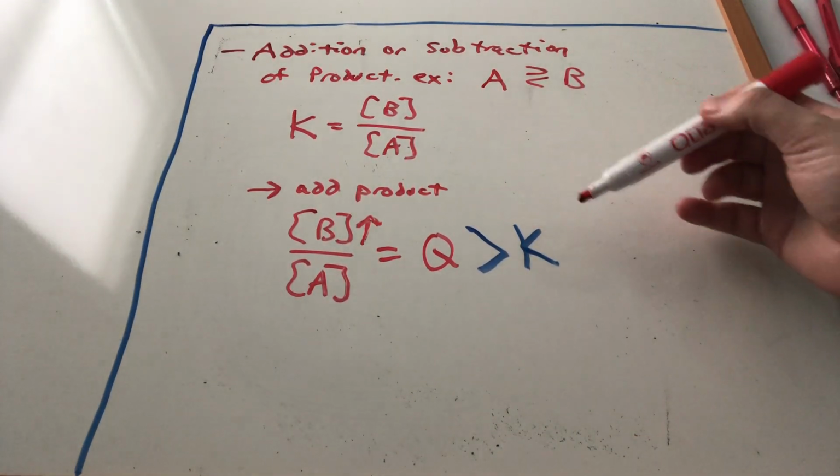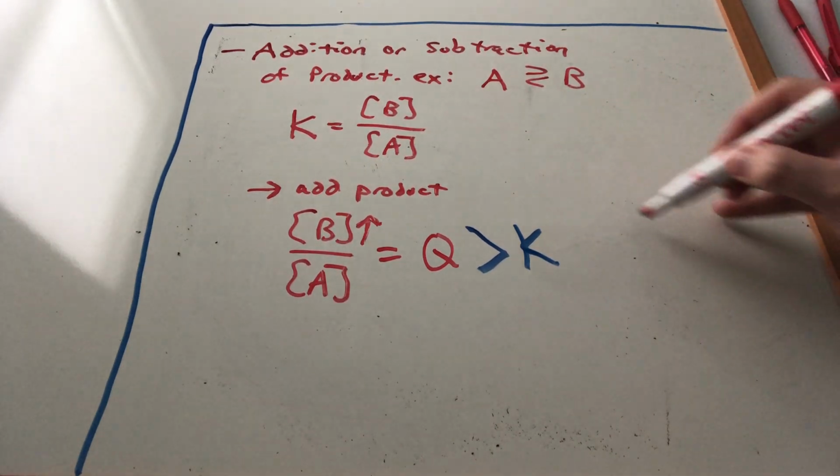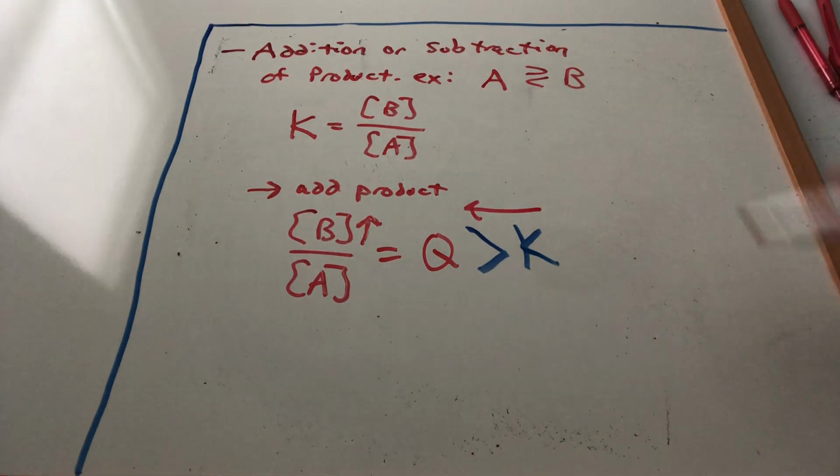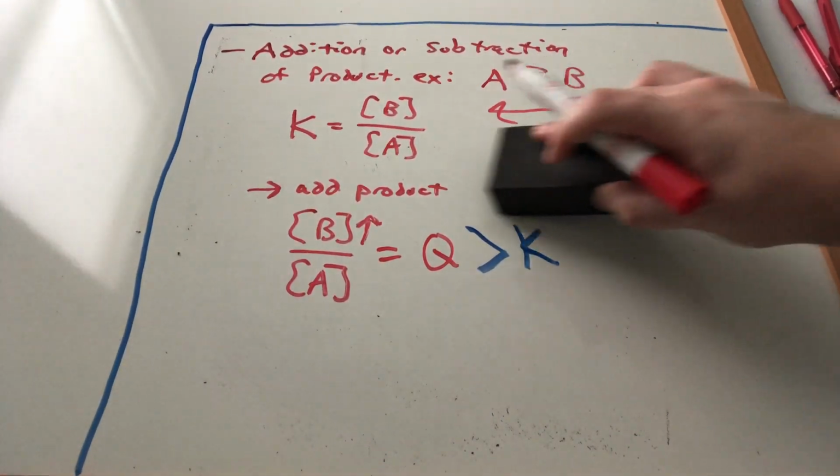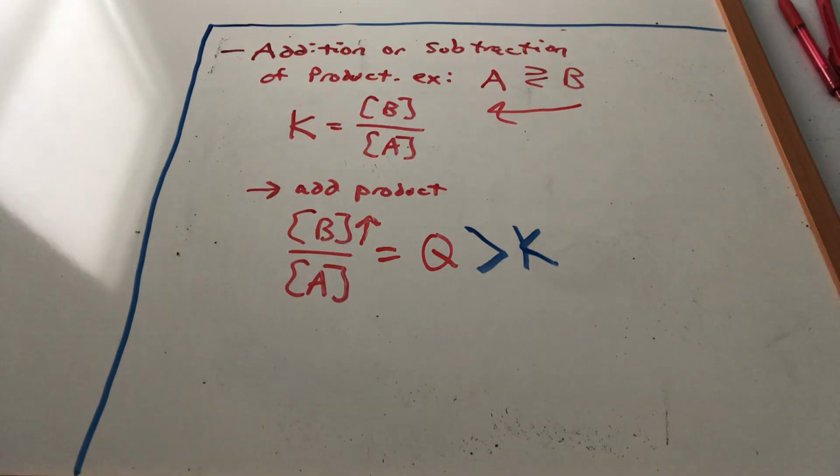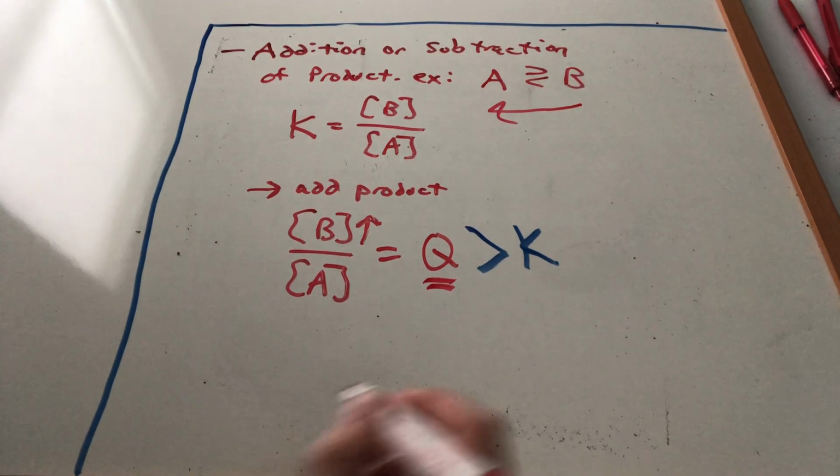So then we know what happens when Q is greater than K. We know that the reaction shifts to the reactant side. And that's what happens. When we add product, we make a Q that's greater than K.